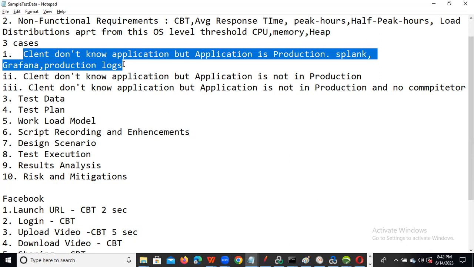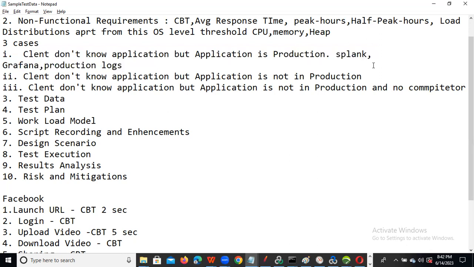So the first point is how to identify the non-functional requirement. The second point: the client doesn't know the application, and the application is not in production. Last time the application was in production, which means users were already using it, the application was live, and based on that we identified the non-functional requirement.